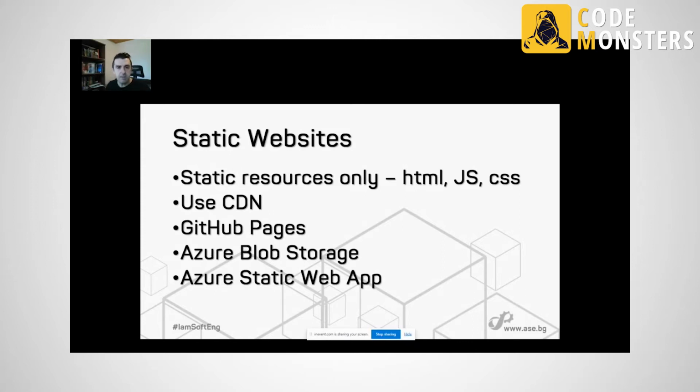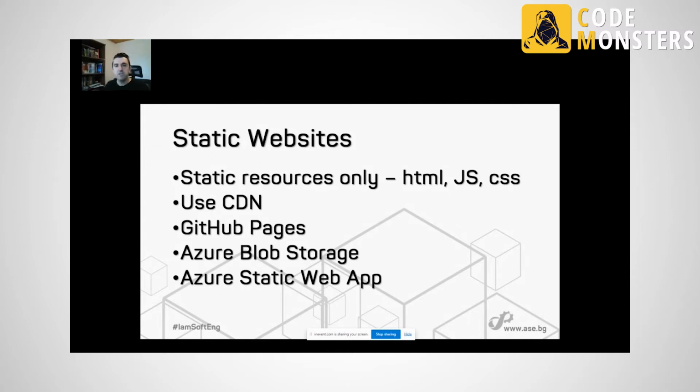The downside, as I told you, with GitHub Pages and Azure Blob Storage is that they cannot host any server-side code. You can only host your static resources. And today we're going to see how you can host your server-side code using Azure Static Web App and its integration with Azure Functions.